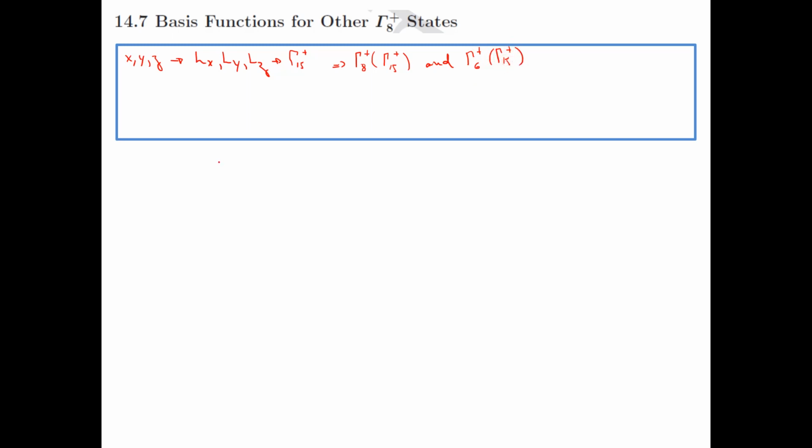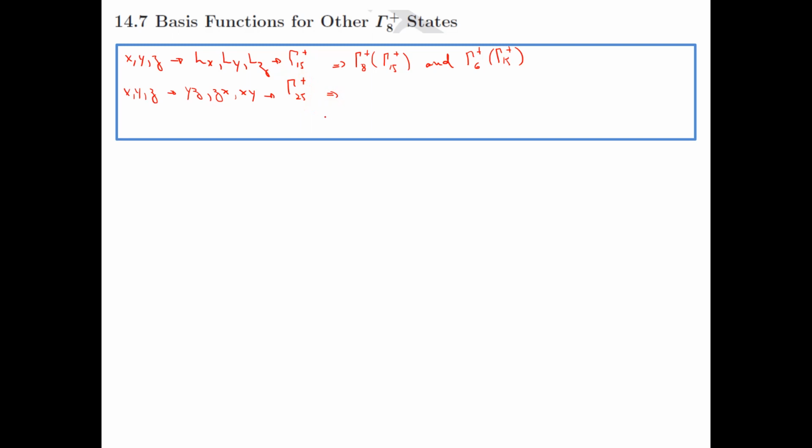You can also make another correspondence, x, y, z to the products yz, zx, and xy, and these are the basis functions for gamma 2/5 plus.